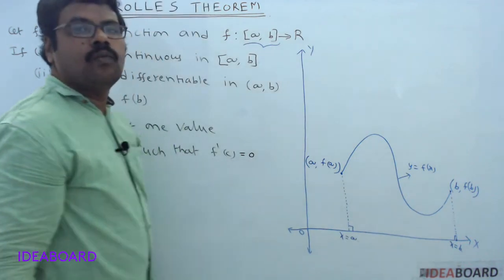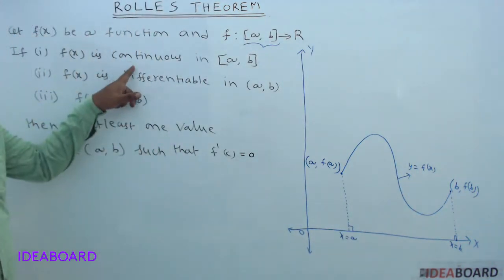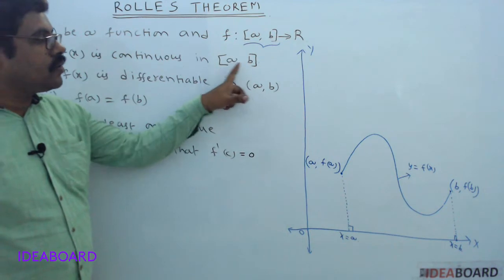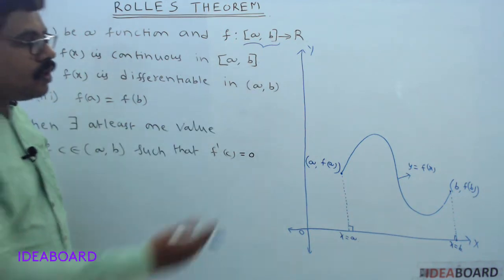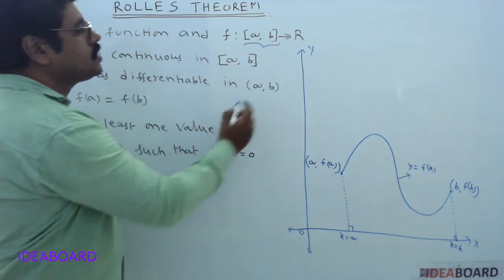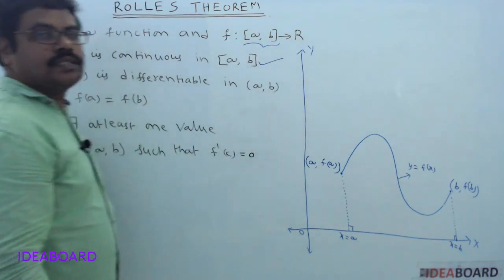It means we say that the function is continuous in the closed interval a comma b. So from the graph, the first condition is satisfied in our Rolle's theorem.